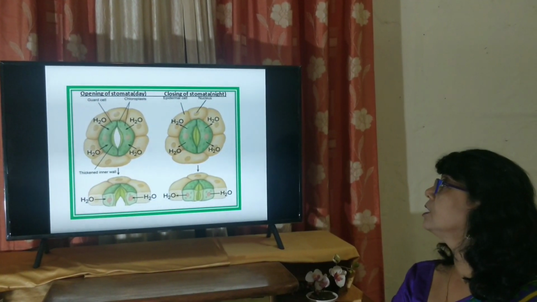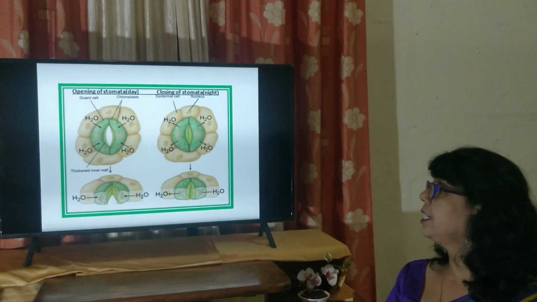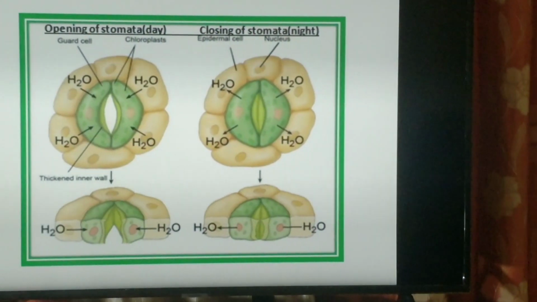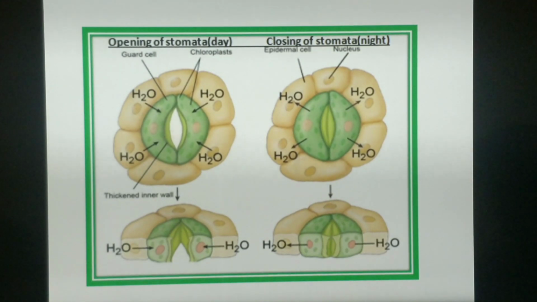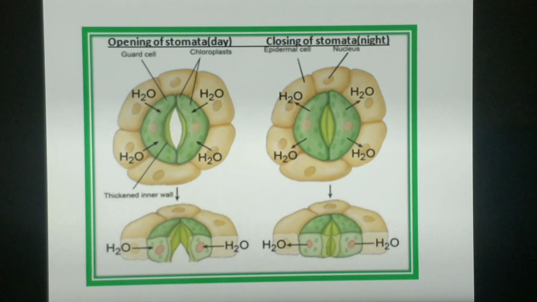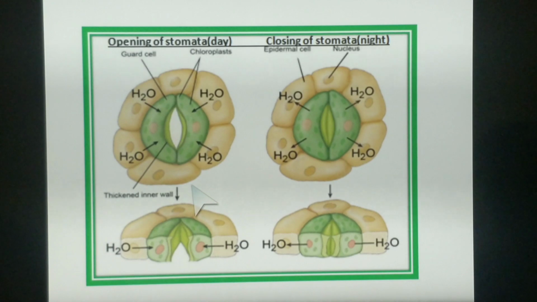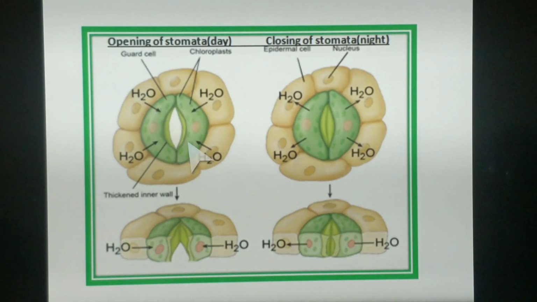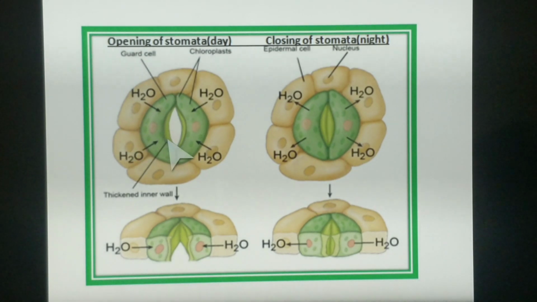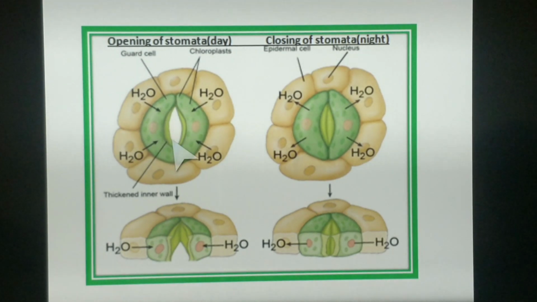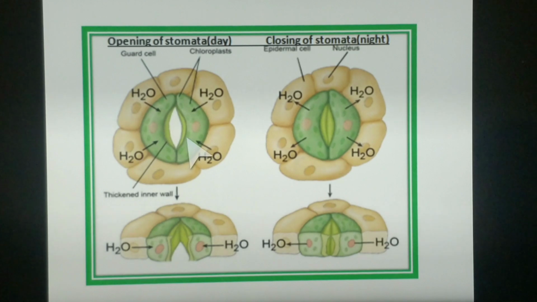This happens because during the daytime photosynthesis takes place, and when water enters the guard cells, they become swollen up and the outer thin walls are pushed outwards. The inner thick walls also bulge outwards and the stomatal pore opens.